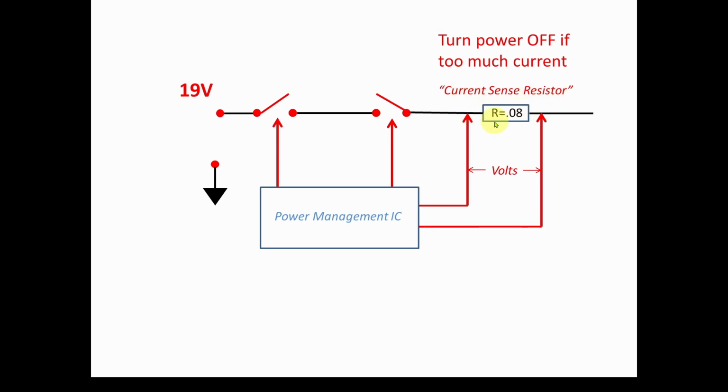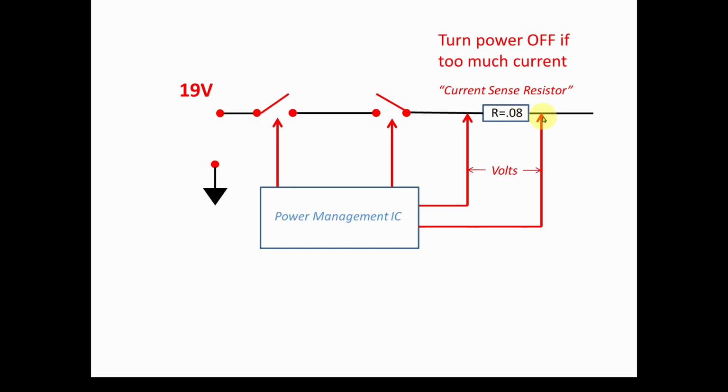That is a very low ohm resistor in series with your main 19 volt, what's called a rail, and it might be like a 0.08 ohm resistance. If you have 19 volts connected and you have, say, 3 amps coming in to feed your laptop, 3 amps times 0.08 ohms is about 0.2 or 0.3 volts across this resistor.